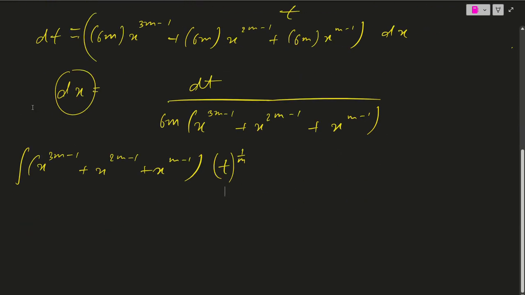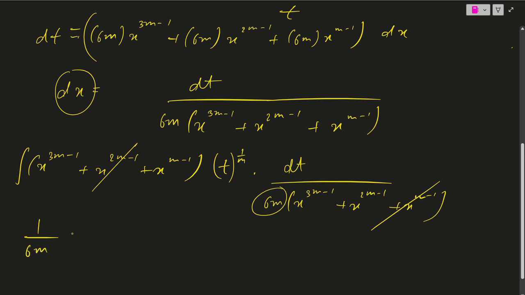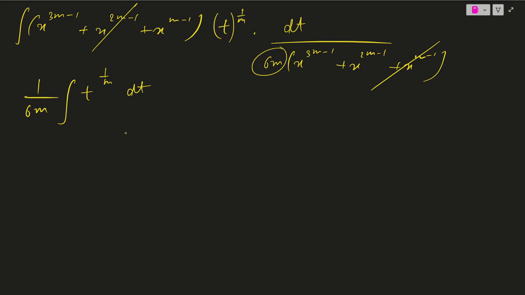Dx is dt by 6m times x^(3m minus 1) plus x^(2m minus 1) plus x^(m minus 1). This will be cancelled out. This is constant, so it will be out of the integral now. This is the final integral.